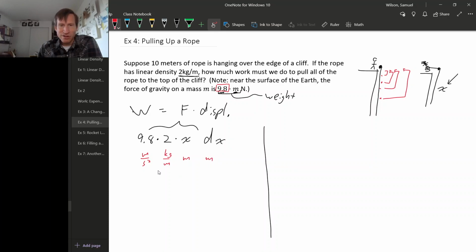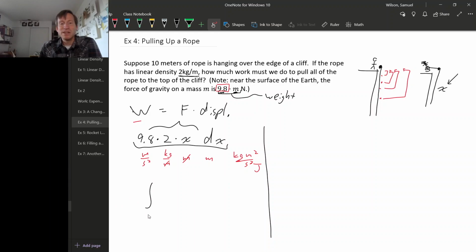Putting this all together, one of these meters cancels, so we get kilogram meter squared per second squared, which is a joule, which is what we were supposed to get for work, so this is making sense. All right, so this is the work to lift this length of rope, x units long, up a tiny distance dx.